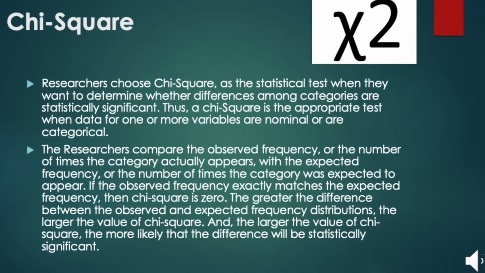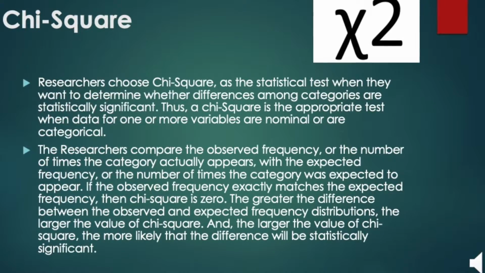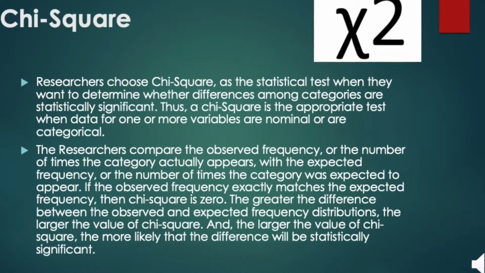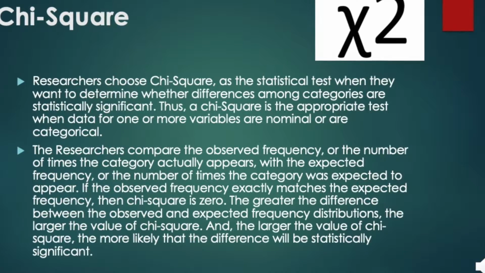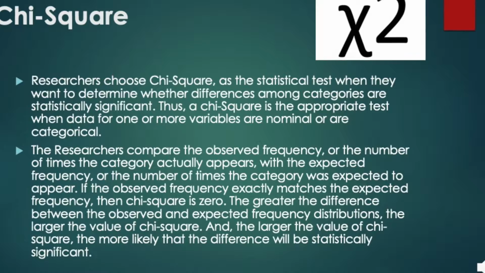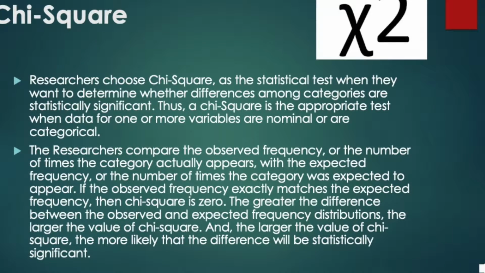If the observed frequency exactly matches the expected frequency, then chi-square is 0. The greater the difference between the observed and expected frequency distributions, the larger the value of chi-square. And the larger the value of chi-square, the more likely that the difference will be statistically significant.